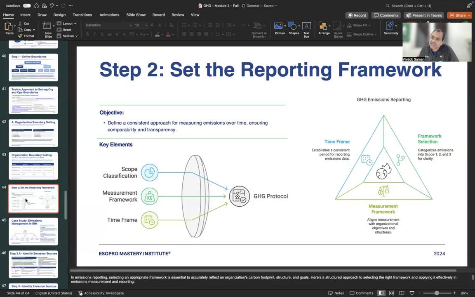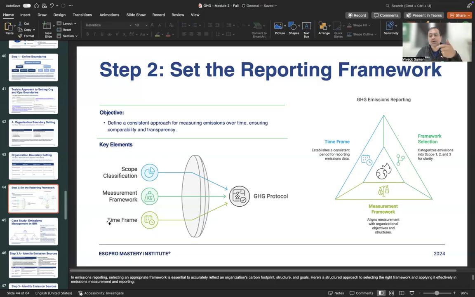And the third is the measurement framework. You need to align the measurement with organizational objective and structure. The mitigation and target setting part comes into play. The objective of setting the right reporting framework is that you have to have a consistent approach in measuring emissions over a particular time period, so that comparability and transparency is not compromised.